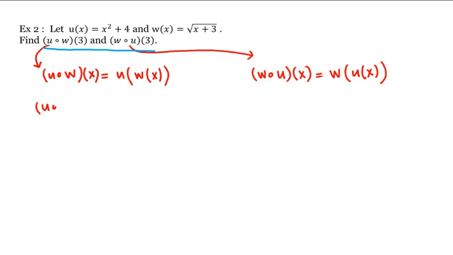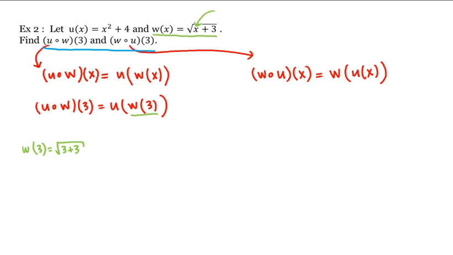That is, u composed with w of 3 is equal to u of w of 3. And what is w of 3? Looking up here at w, we're going to be plugging in a 3 wherever we see the x, which gives us that w of 3 is equal to the square root of 3 plus 3, or the square root of 6, which is what we're going to plug in here and evaluate u at.